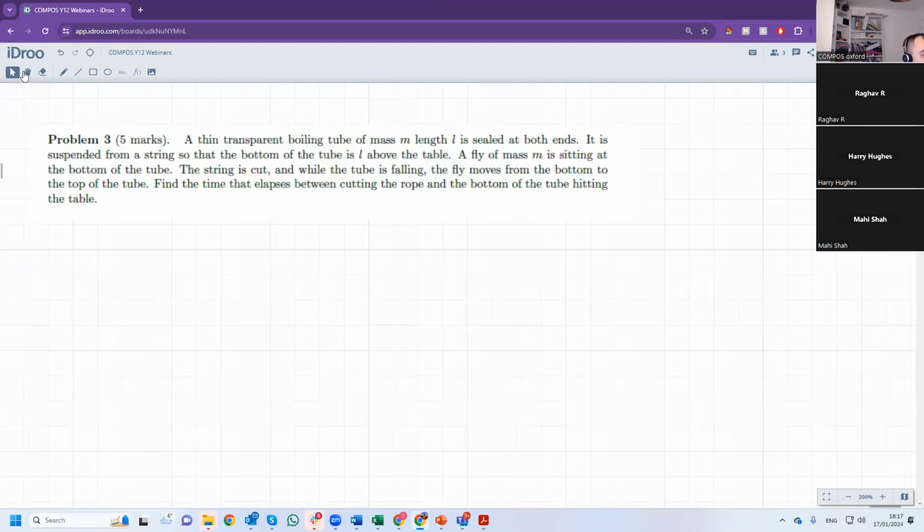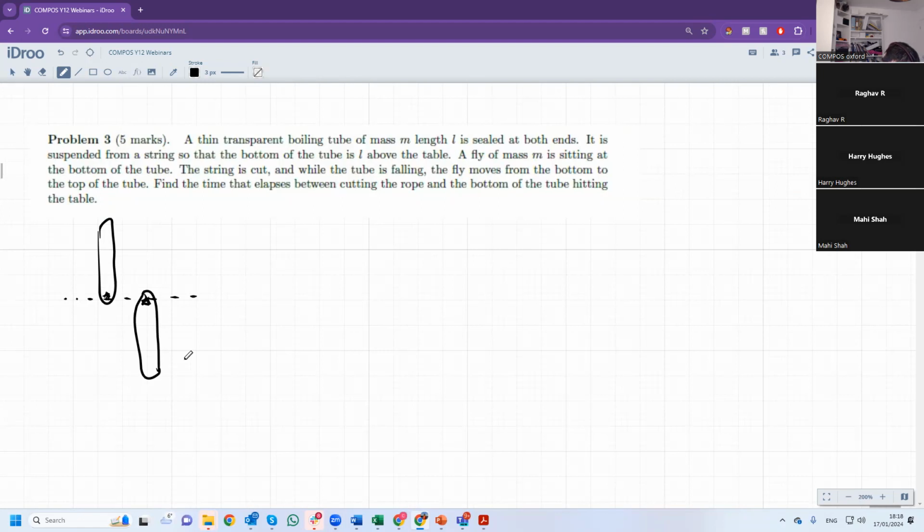In the beginning, the tube is like this, and the fly is like this. At the end, the tube is like this, and the fly is like this. So technically, the fly hasn't moved. Yeah, it flaps its wings before and after. So it hovers, or jumps, whatever it does, it won't change the answer.